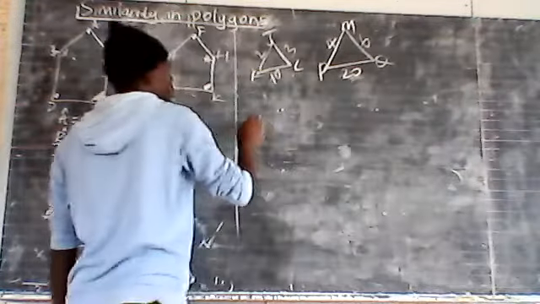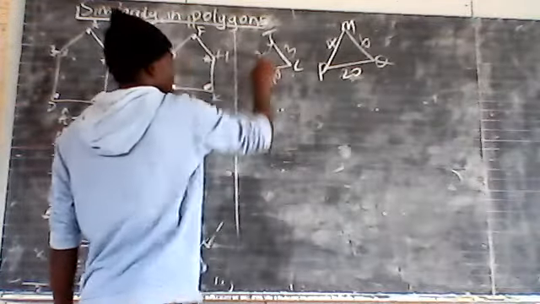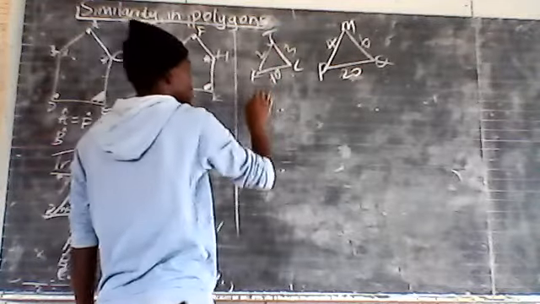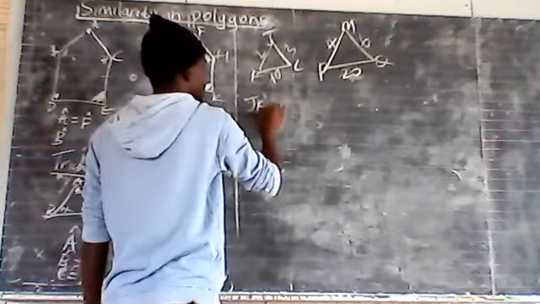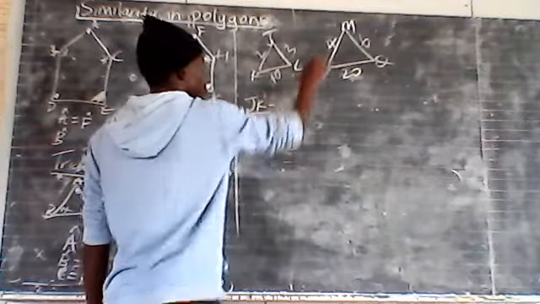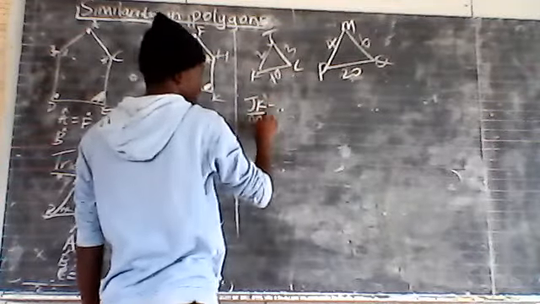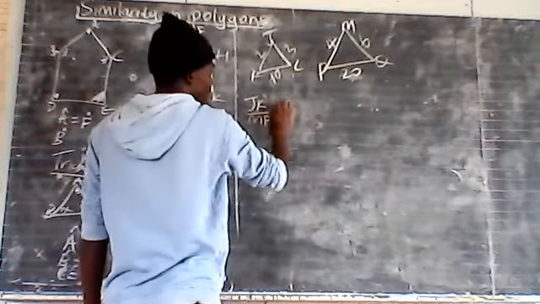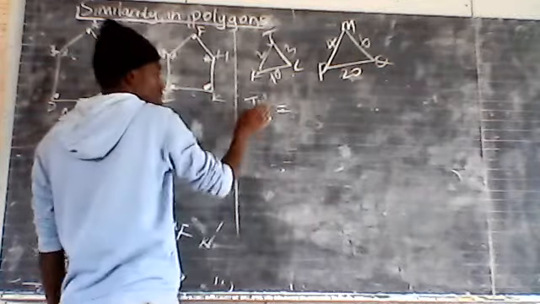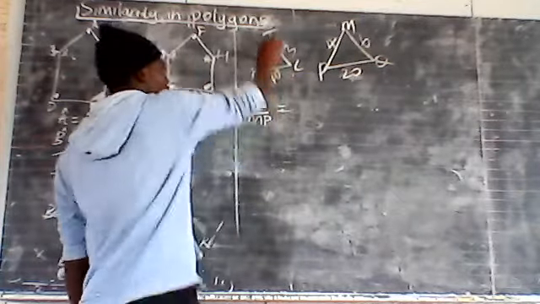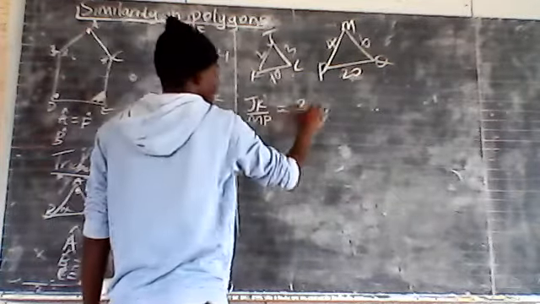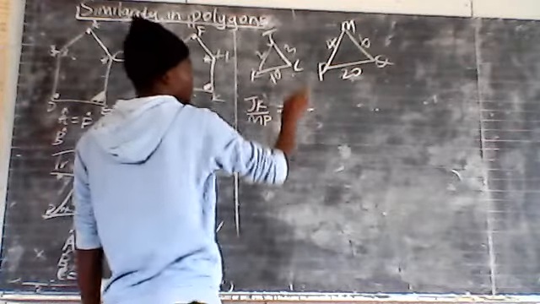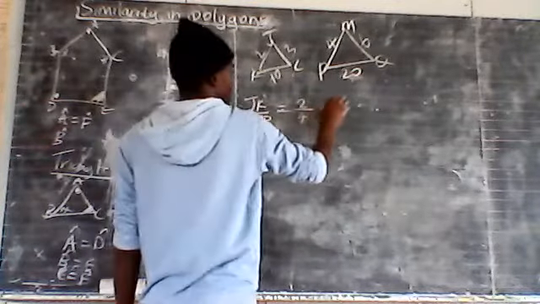If I take the length of side JK and divide it by MP, remember these are the magnitudes or the size of the length. JK, I said, must be 2, and divided by MP, which is 4. 2 divided by 4 is half.